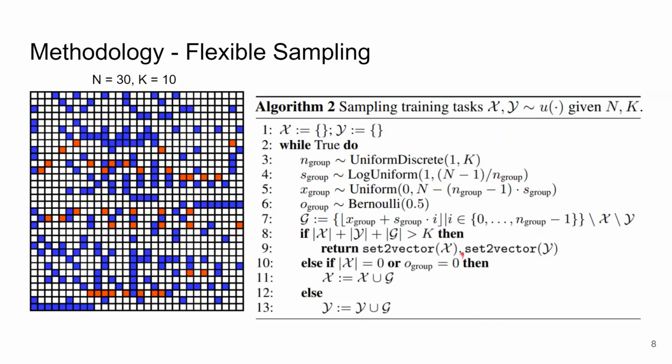But there's a little bit more to this algorithm. So once we've constructed this group, let's say that set X already has some indices in it, and set Y also has some indices in it. If we add this group to these sets, and it results in their cardinality being larger than the threshold that we set, we essentially return these vectors. So what that basically means is once these are returned, this goes to the diffusion process.